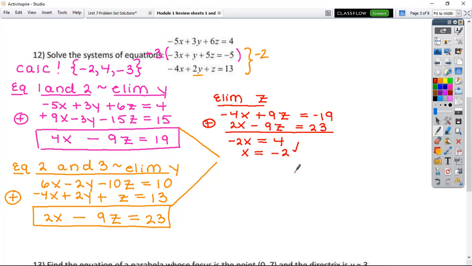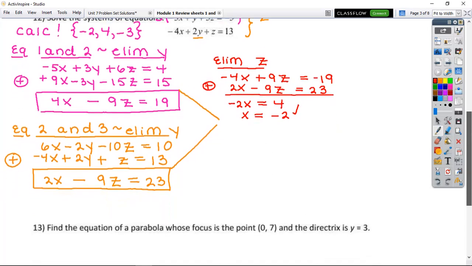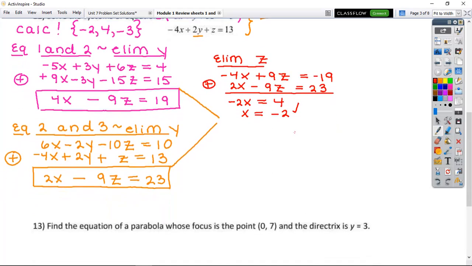Now let's find our next variable. You cannot go back to the original. You have to go back to your boxes. So we need to find the z. The next step is to find z using either of those 2 equations. So let's go 4 times the -2 minus 9z equal to 19.